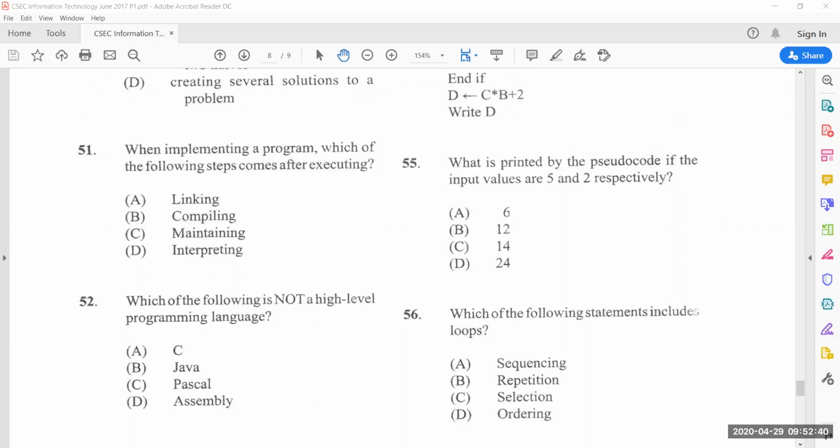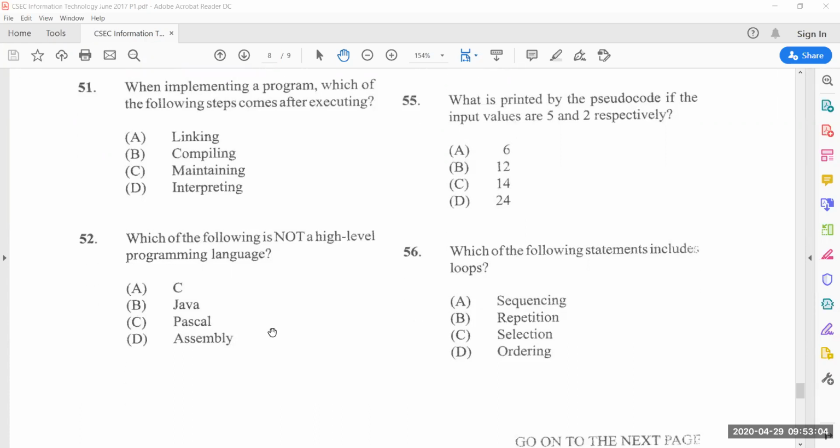Right, so after you execute the program, right, you've written the code, you have tested, you have executed. Then what you have to do is you have to maintain the program. Okay, after executing the program, it would mean you have the program working well and all the requirements are met, and you'd want to maintain it for any changes, etc.